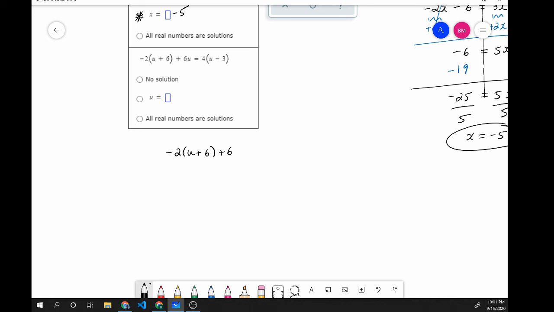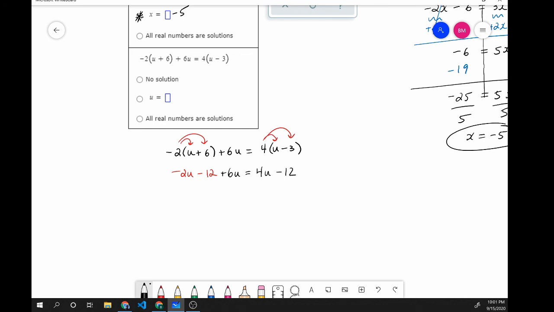So here I'm copying the problem. And I'll do my parentheses. If you're unsure of what I'm doing here, I would just go back to previous videos where I explained more about this.